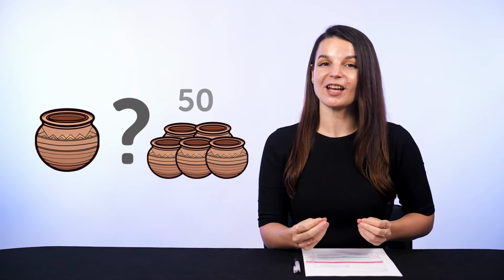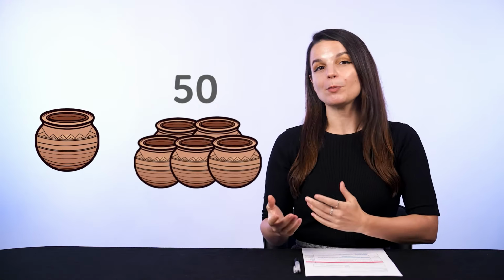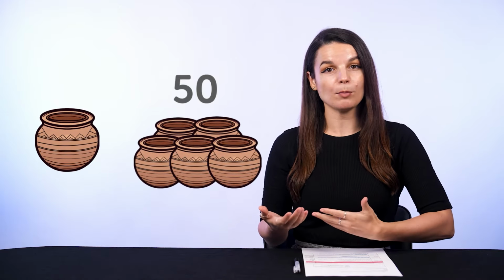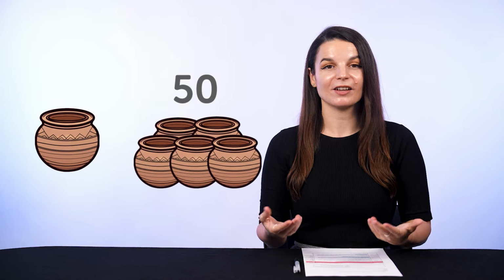Can you guess who made the best pots? Was it the group that had to just make one perfect pot, or the group that made 50 in the same amount of time? Well, the group that made 50 pots ended up creating higher quality pots because they learned from the experience, whereas the group that sat around thinking of one best idea didn't get to improve at all. So both groups put in the same amount of time, but one group's results were vastly different.